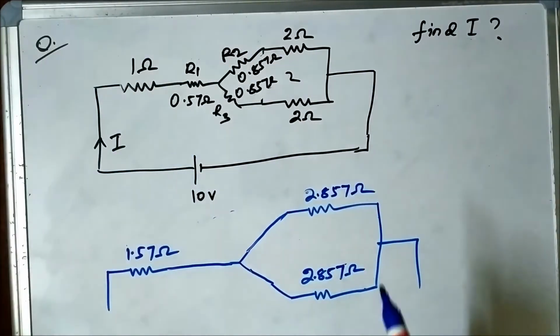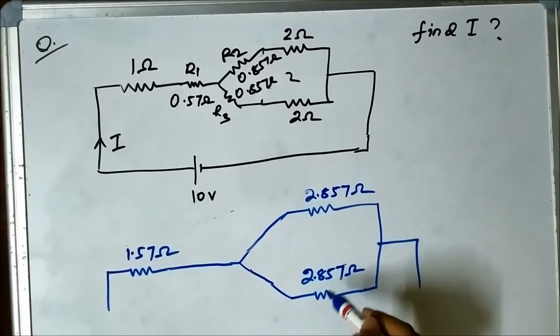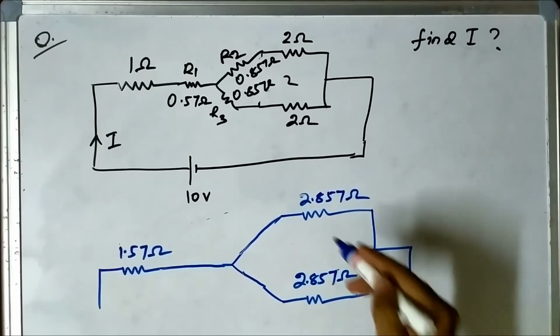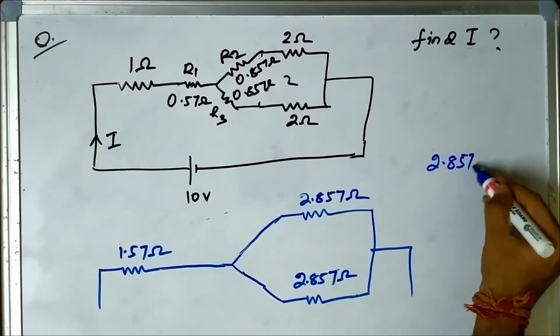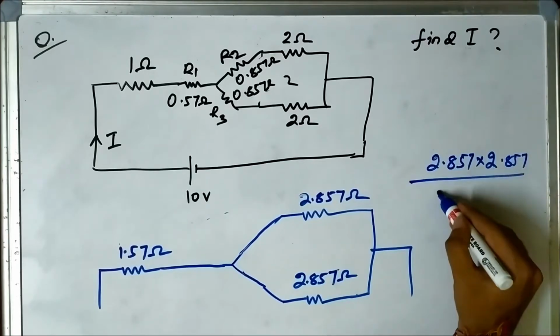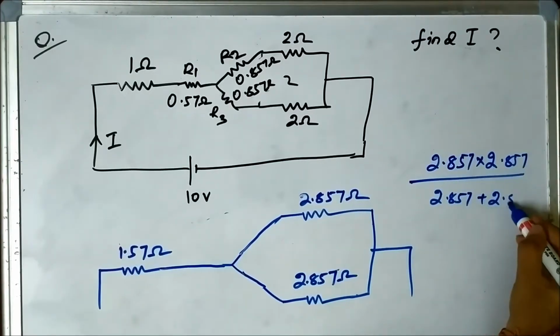Now these two 2.857 ohm resistances are in parallel. So the equivalent resistance of this combination will be 2.857 into 2.857 by 2.857 plus 2.857.